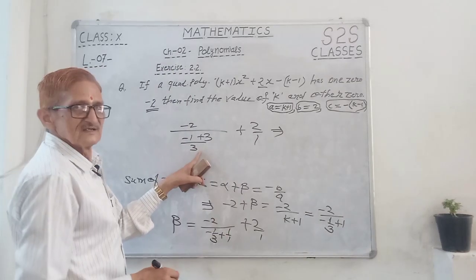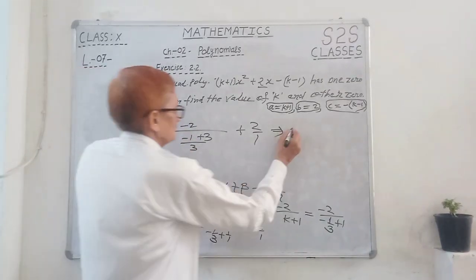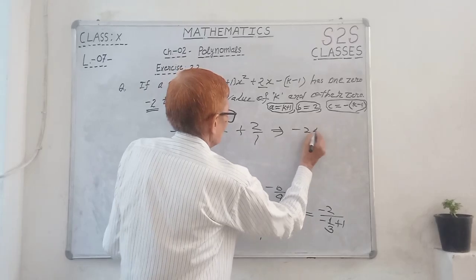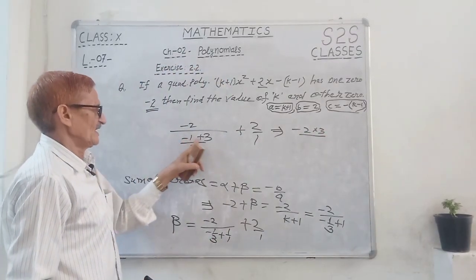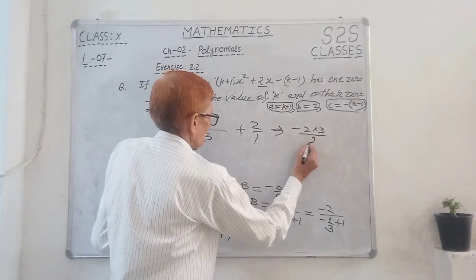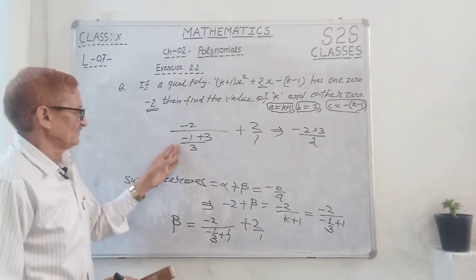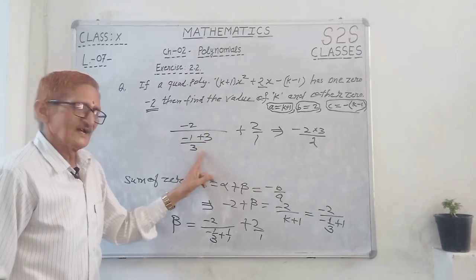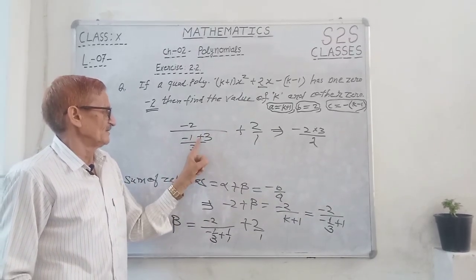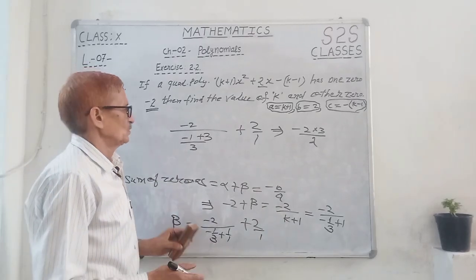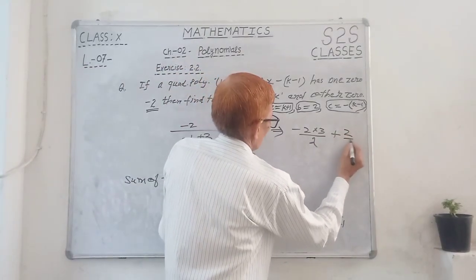Now simplify this. How? First, minus 2 divided by a fraction: the fraction's reciprocal is taken, so minus 2 into 3 goes up, and then minus 1 plus 3 is plus 2. Understand? If you divide by any fraction, you multiply by the reciprocal, so 3 goes up in the numerator, and in the denominator minus 1 plus 3 is 2. Then this and plus 2 upon 1.